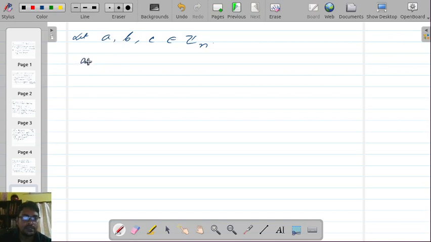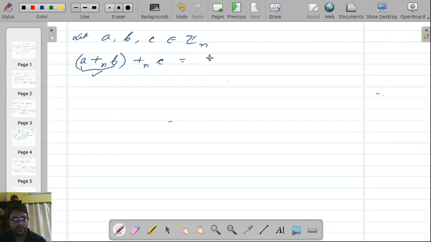Let us see what is a plus b modulo n, and then again plus c modulo n. Here we apply the definition. This is a number in Zn. Already we have seen that if we take two numbers from Zn, then the addition modulo n, or the sum, is inside Zn.